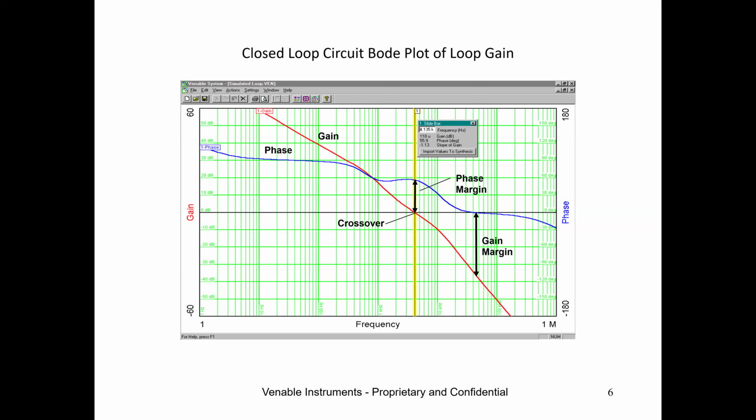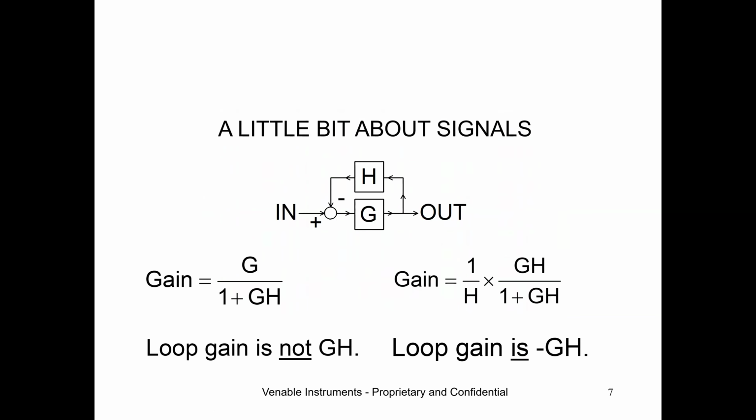You can have it go to the 0 dB crossover, and that will give you the phase margin. Or conversely, you can go to the 0 phase crossover, and that will give you the gain margin. Most people only bother with the phase margin, but some people do specify the gain margin as well when they're measuring these loops.